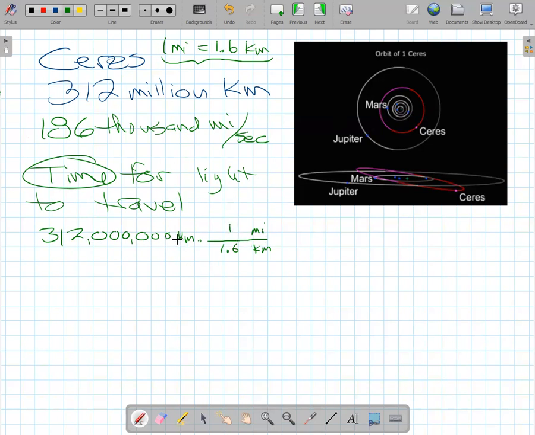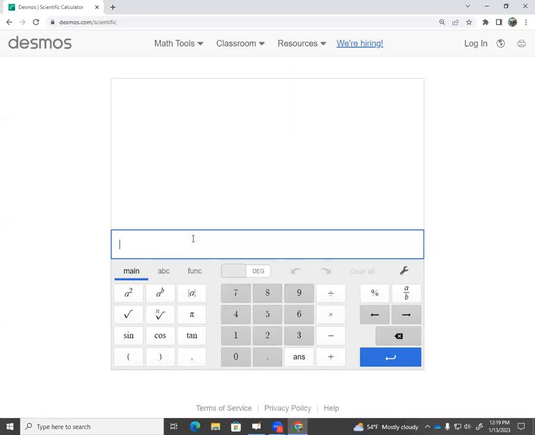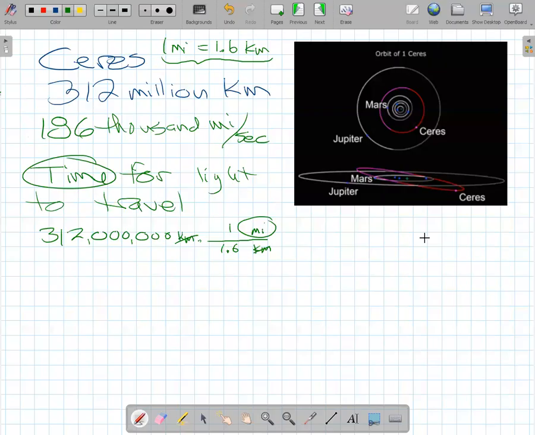So this tells me that to get rid of kilometers and get miles, I should divide by 1.6. So let's get a calculator out for that. So 312 million divided by 1.6 gives me about 195 million miles, okay?